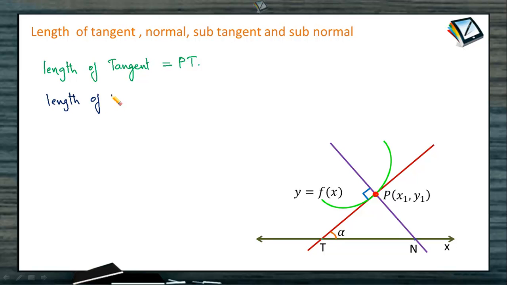So the length of normal is the segment between the point of tangency P and the normal's intersection with the x-axis, that is N. Right? So the portion of the normal from the point of tangency to where it cuts the x-axis is called the length of normal.